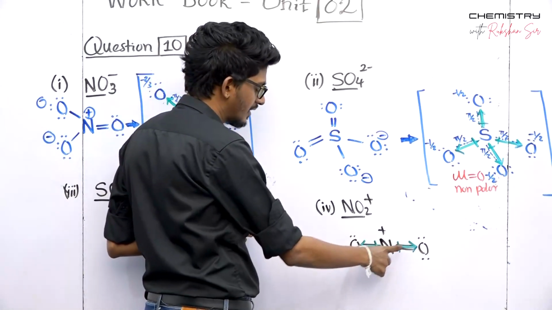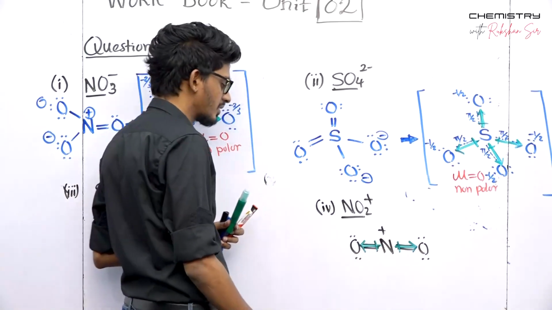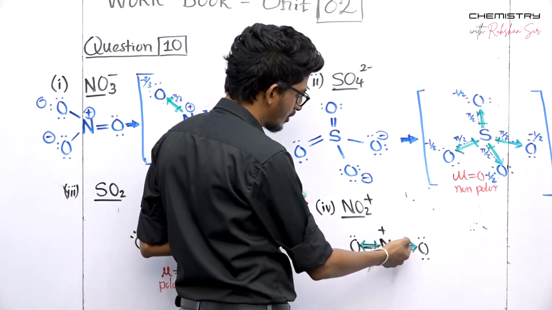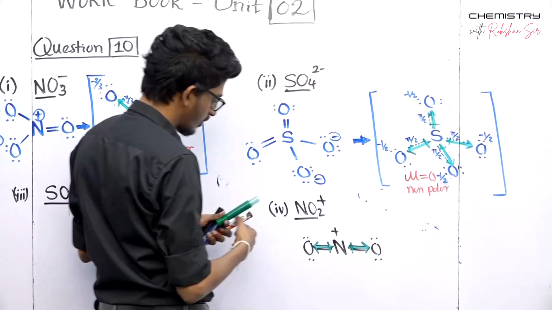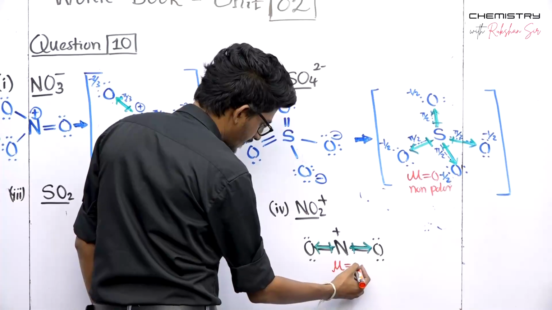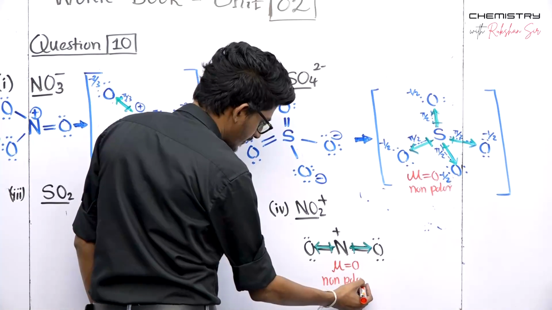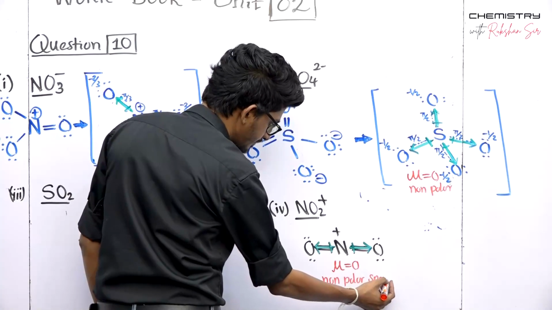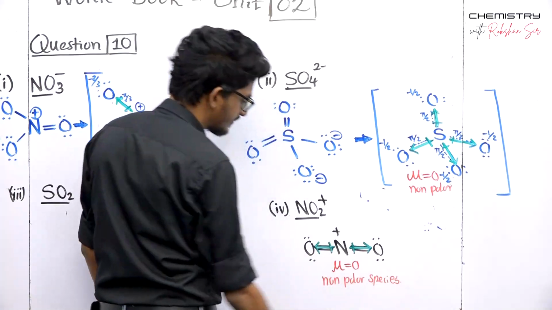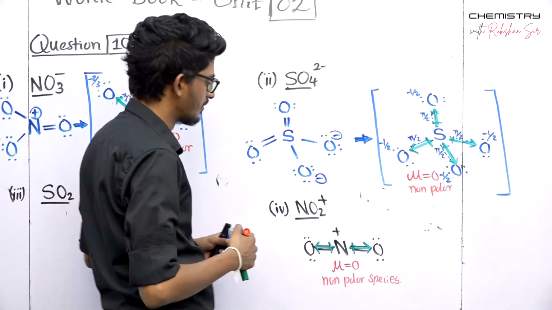Two dipole moments with the same magnitude but opposite directions will cancel off, giving you a zero dipole moment. That is a non-polar species, a non-polar ion, right? No poles with that NO2 plus.